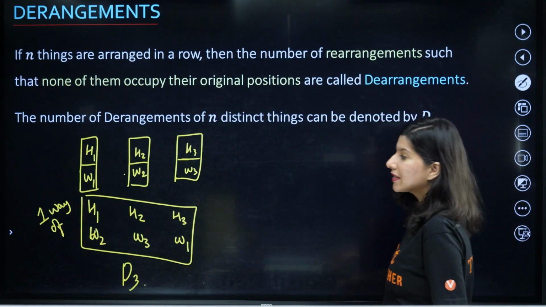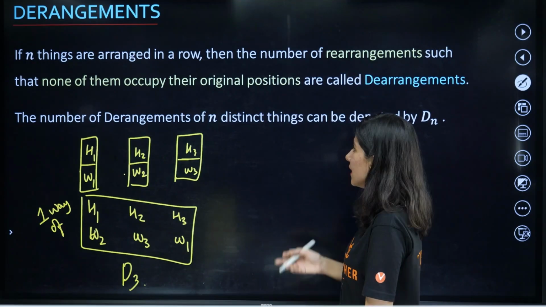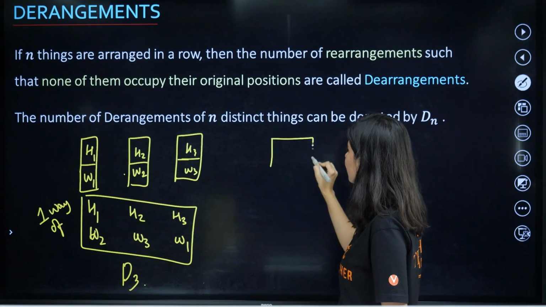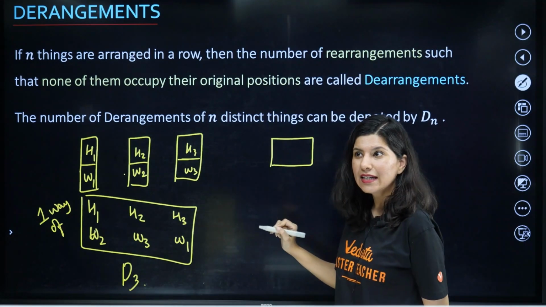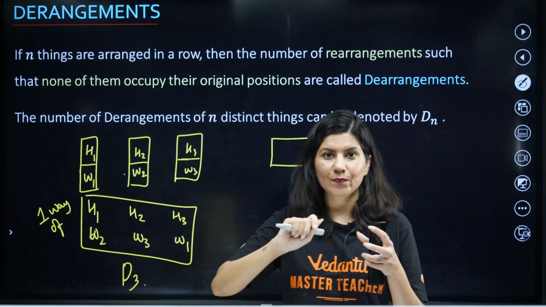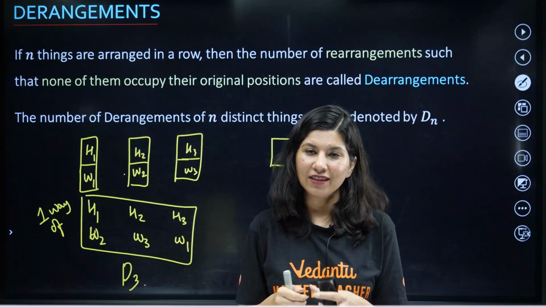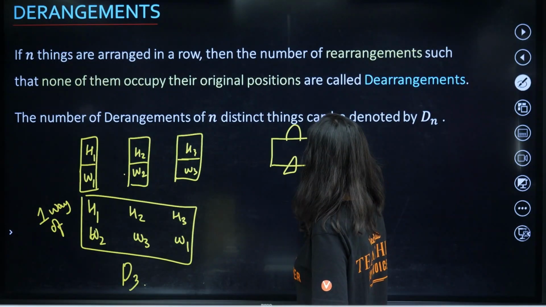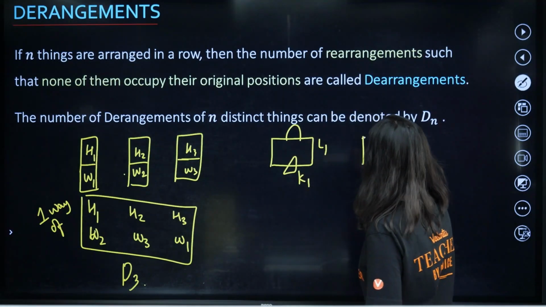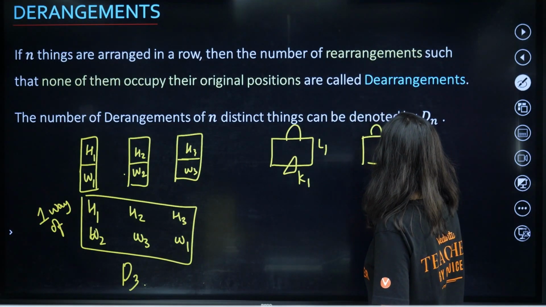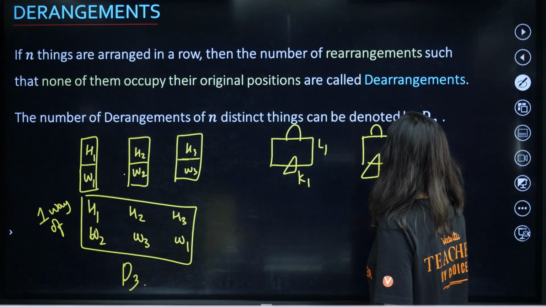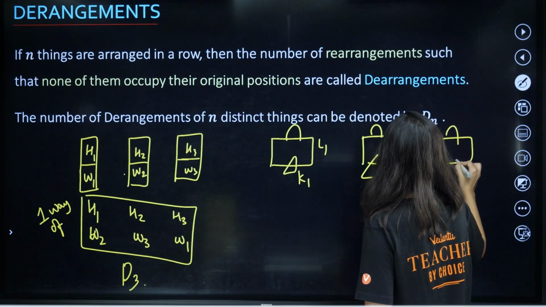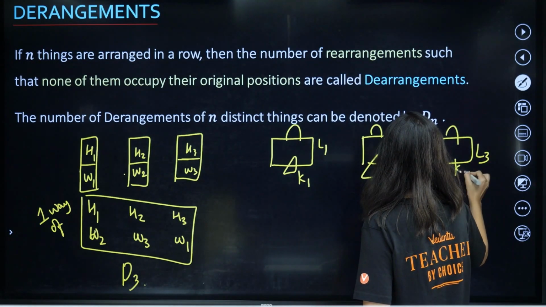So this is one of the cases. We can also have the example of lock and key. Understand what is happening: L1, key 1, then L2, key 2, L3, key 3.